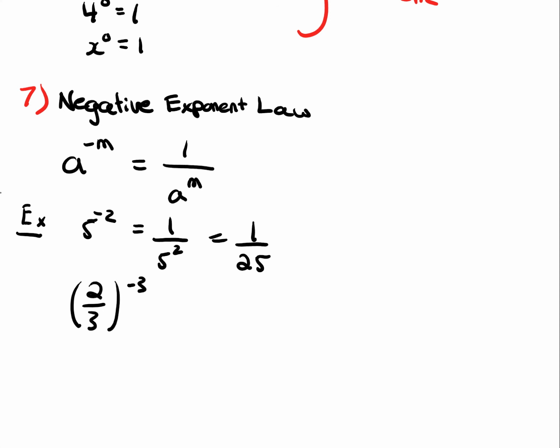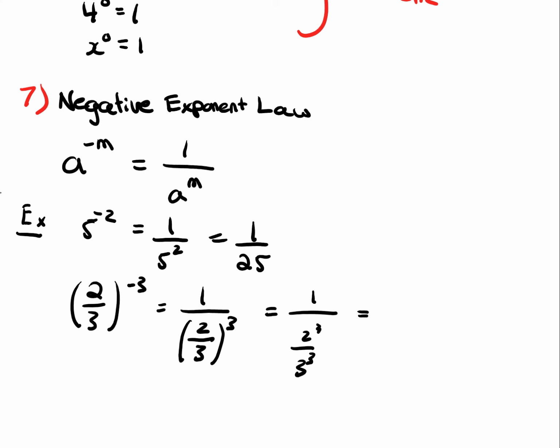of negative 3, which would be expressed as 1 over 2 divided by 3 to the power of 3. And then we would evaluate 2 to the power of 3 using the power of a product law, which we just learned above. So we would get 1 over 2 to the 3 divided by 3 to the 3.